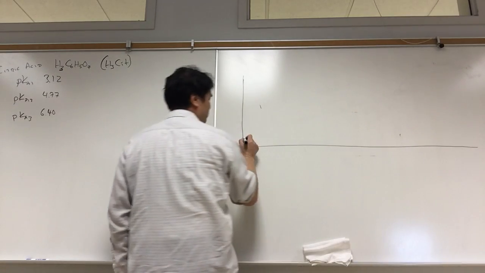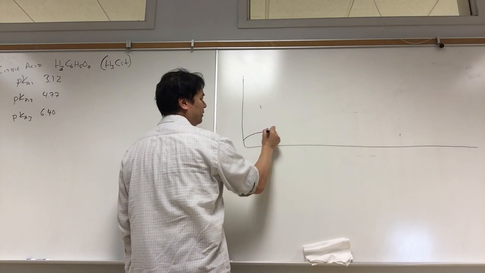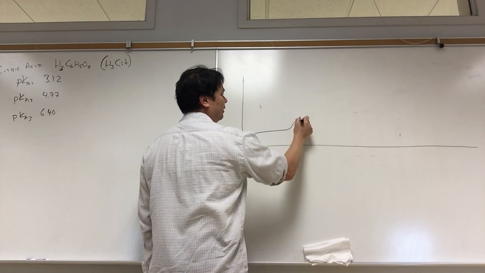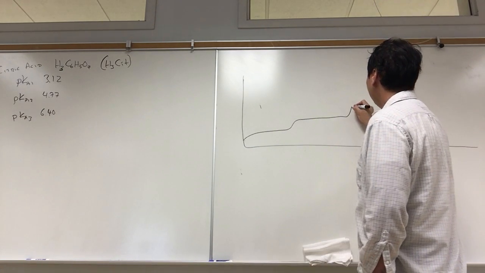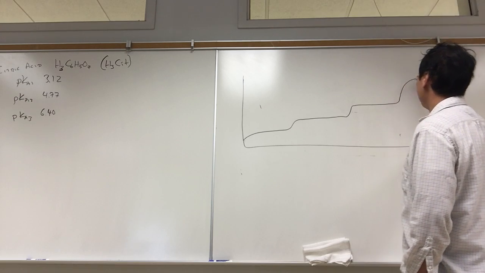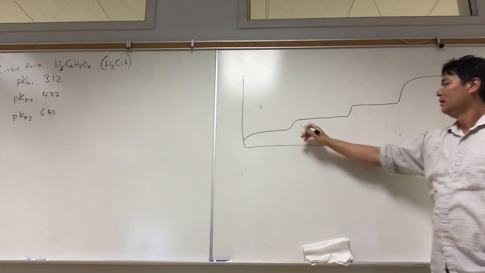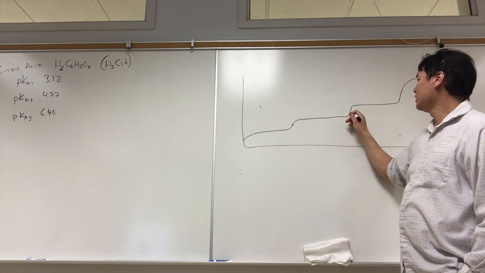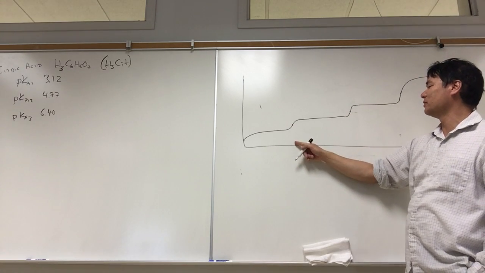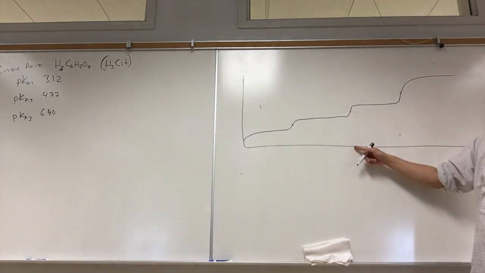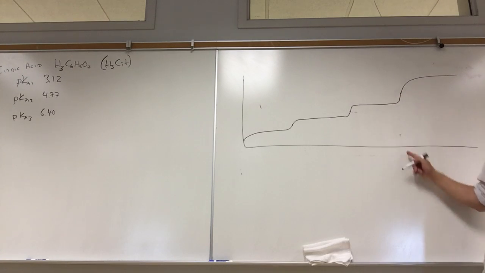It's a triprotic acid, so we expect three humps in the titration curve. The humps need to be evenly spaced. That is, the equivalent volume, because of stoichiometry, is always going to be the same. So if this is 10 milliliters to hit the first equivalence point, then we'd add another 10 to get to the second, and another 10 to get to the third.